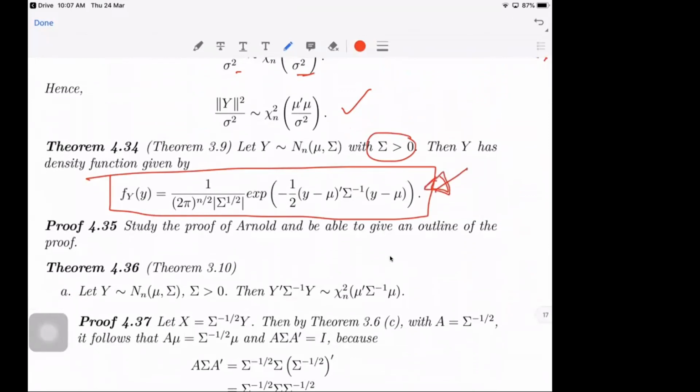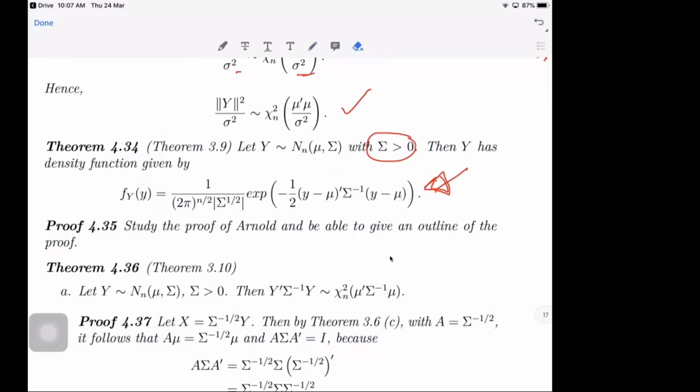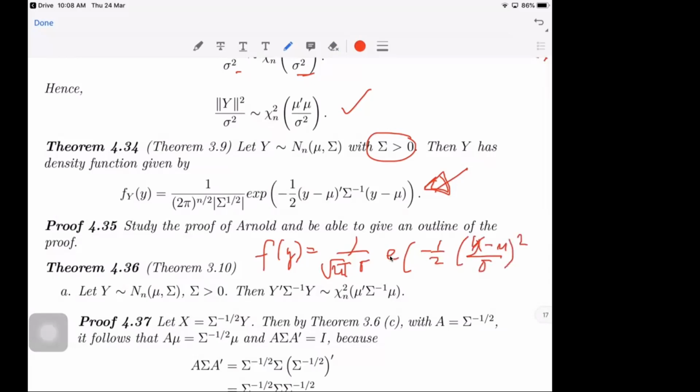Remember, this is the multivariate counterpart of our univariate. In the univariate case, your density function is just equal to 1 over the square root of 2 pi sigma, then e to the negative 1/2 of (y minus mu over sigma) squared, right? Okay? That is the univariate counterpart.